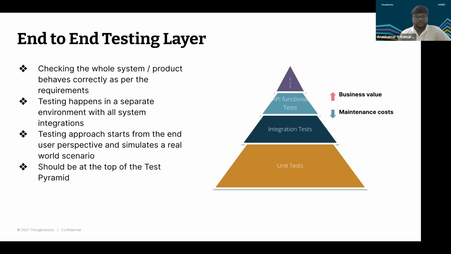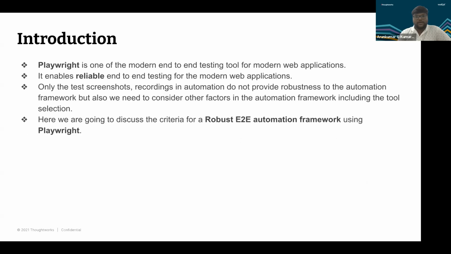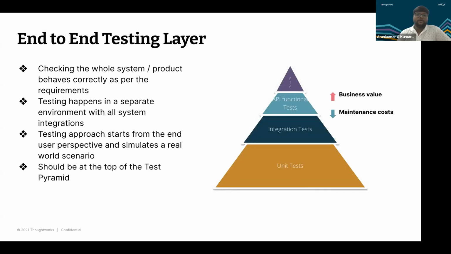How can I accommodate my robust criteria with my Playwright tool? Okay, so then we are going to look into end-to-end testing. Does anyone have any idea about what end-to-end testing is and how it helps us in identifying bugs? Anybody from the audience?